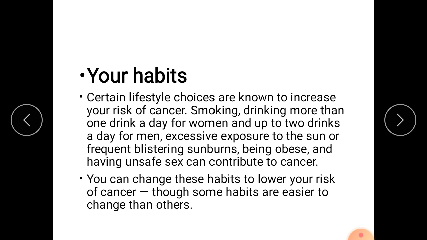Next, our habits. Certain lifestyle choices are known to increase our risk of cancer. Smoking, drinking more than one drink a day for women and up to 2 drinks a day for men, excessive exposure to the sun or frequent blistering sunburns, being obese, and having unsafe sex can contribute to cancer.